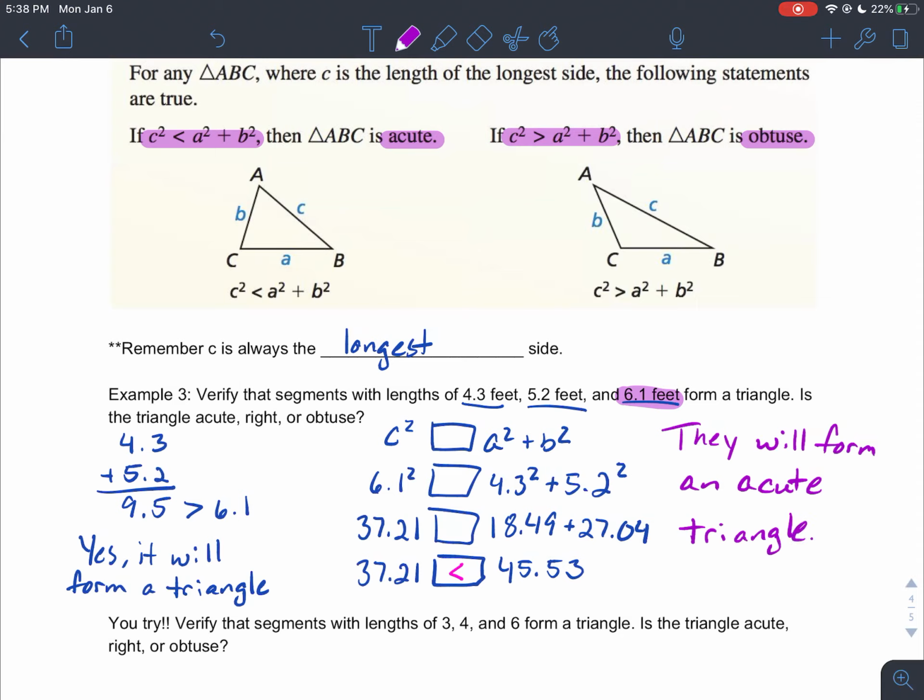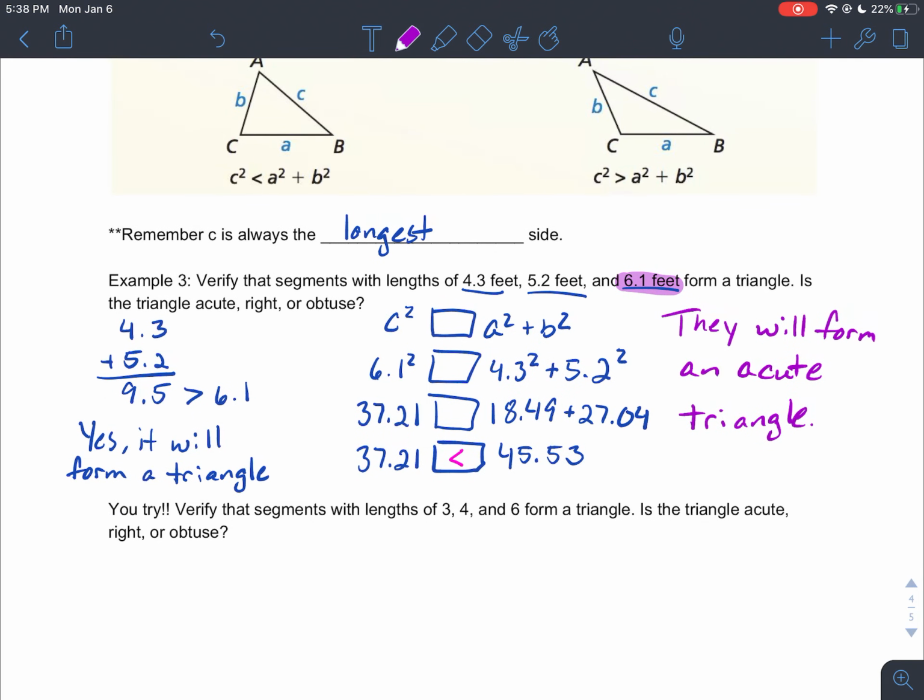All right. So you guys go ahead and do the U-try in just a second. It says verify that the lengths of 3, 4, and 6 will form a triangle. So, add the two shortest sides together. Are they longer than your third side? If they do, then go on to the second question. Is the triangle acute, right, or obtuse?